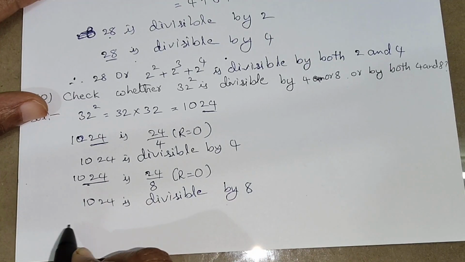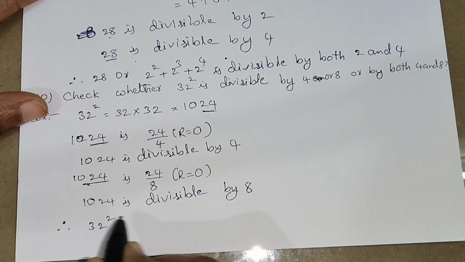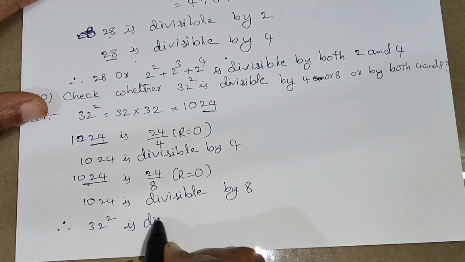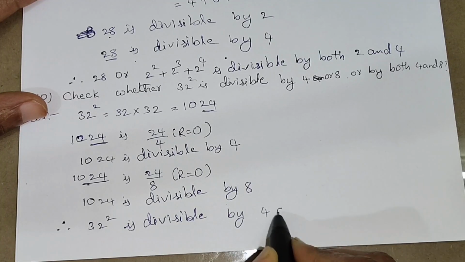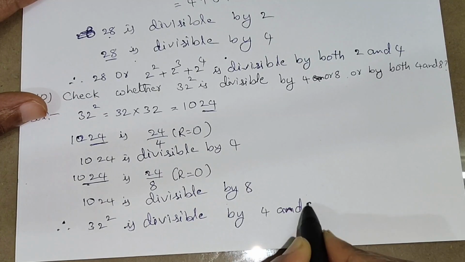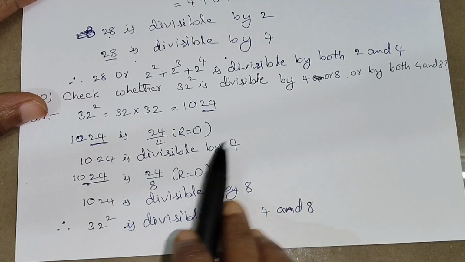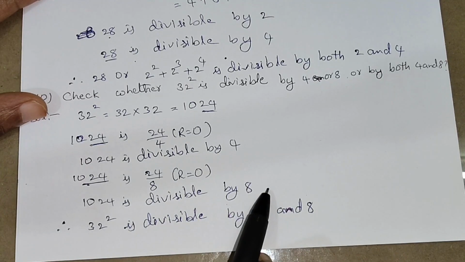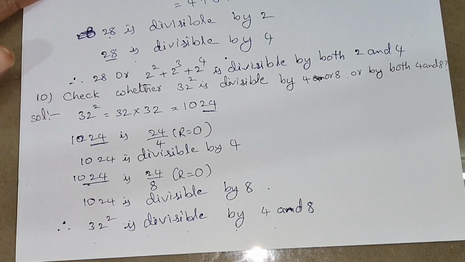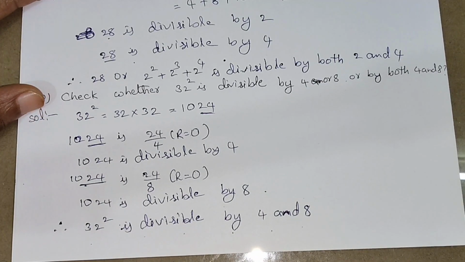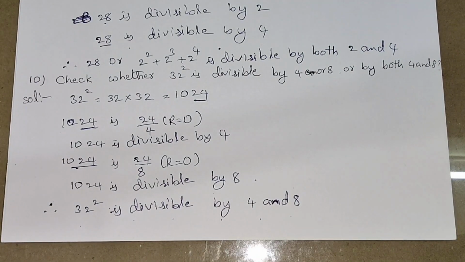Now finally, 32 square is divisible by 4 and 8. First we check the divisibility rule by 4, after that the divisibility rule by 8. So 32 square is divisible by 4 and 8. This is the complete 10th solution.